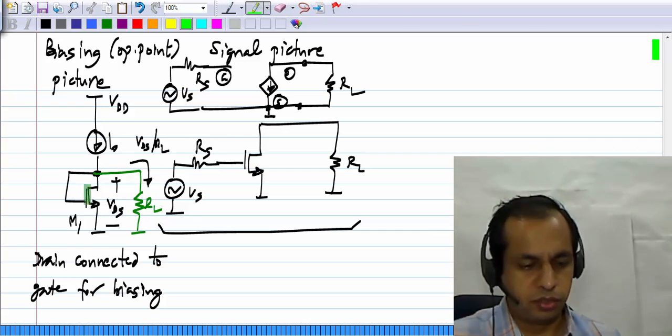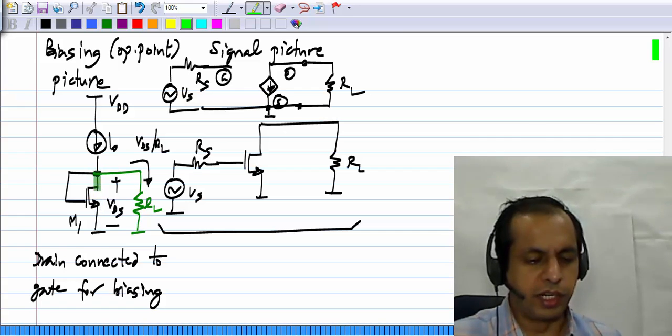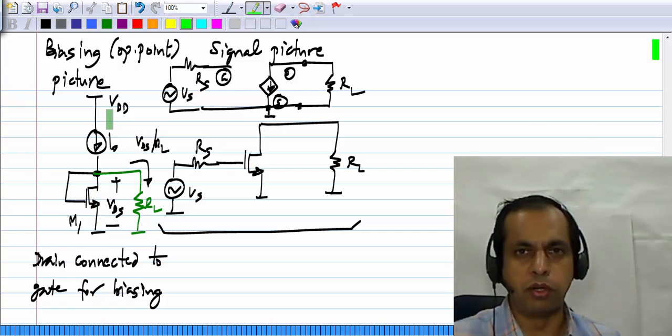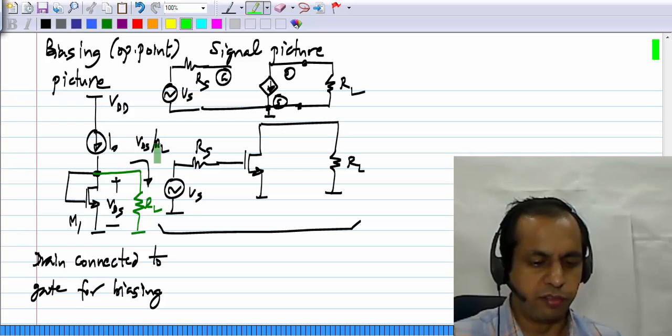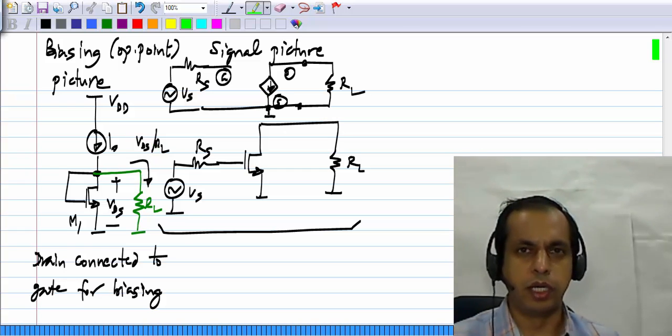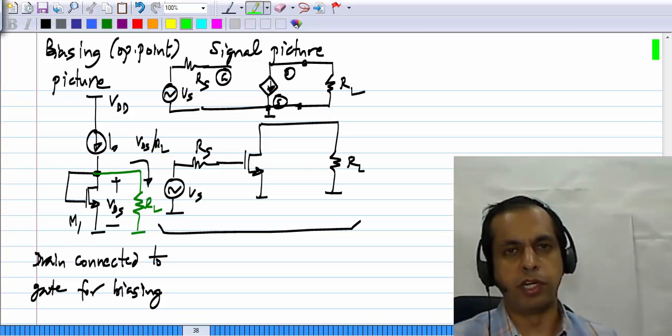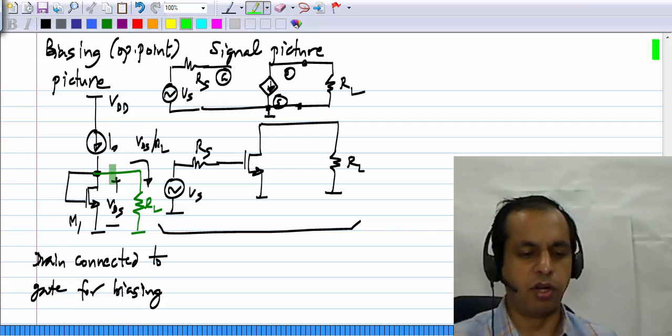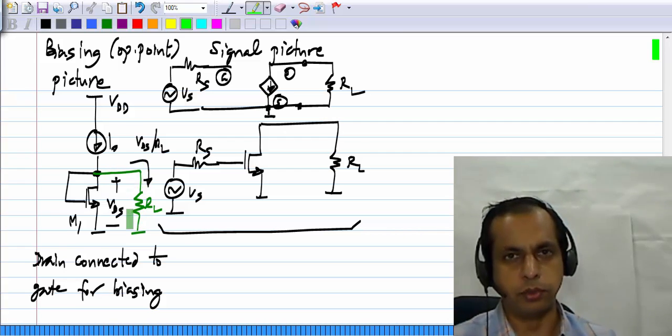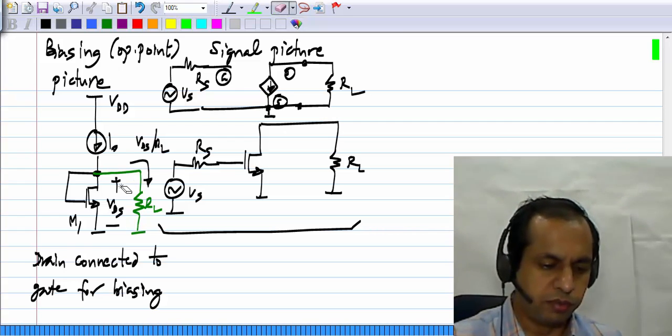So the current, in steady state, this drain current will not be equal to I0, but it will be equal to I0 minus VDS by RL. So this is an unnecessary complication. You don't want this RL to draw any operating point current. It's totally useless. There is no point in doing that. So what do we have to do? We have to connect it differently. We can't connect it directly.